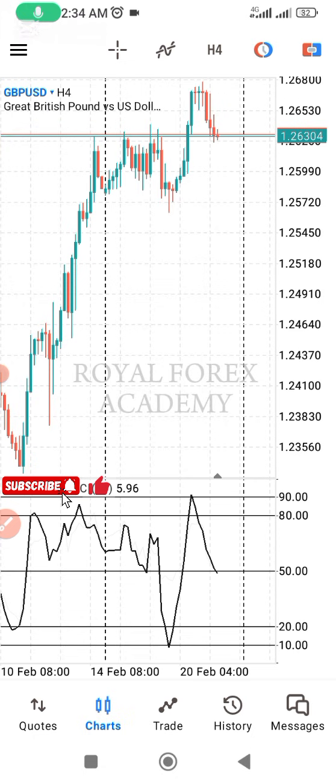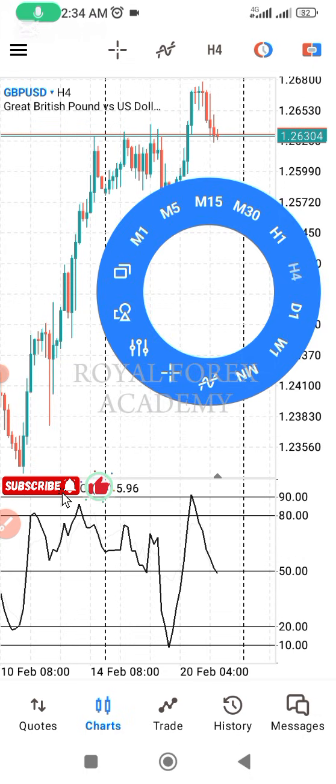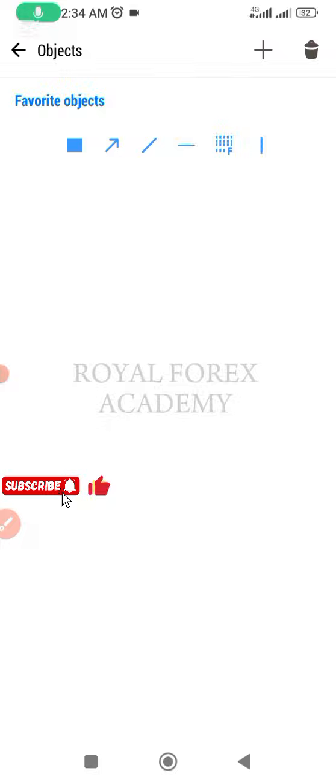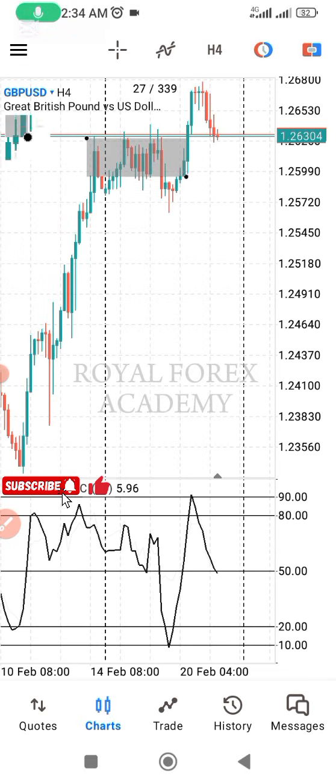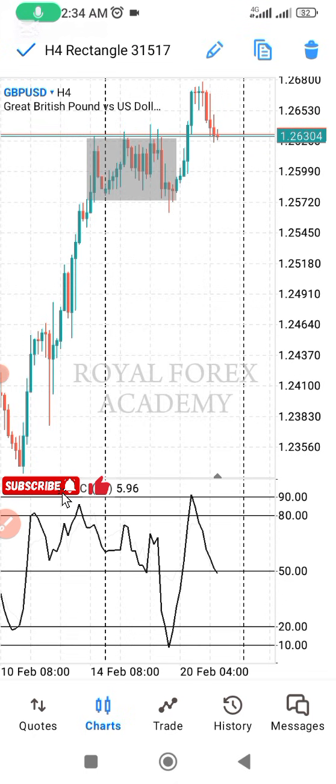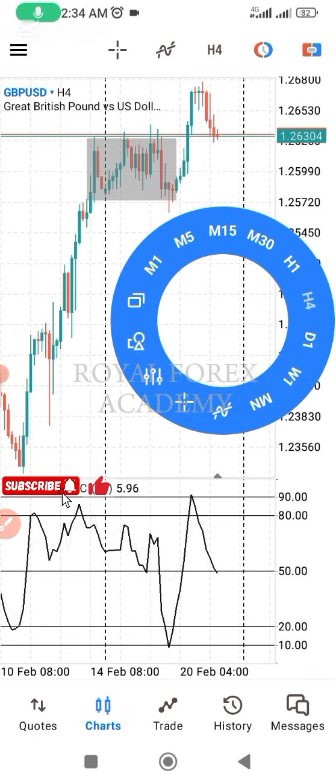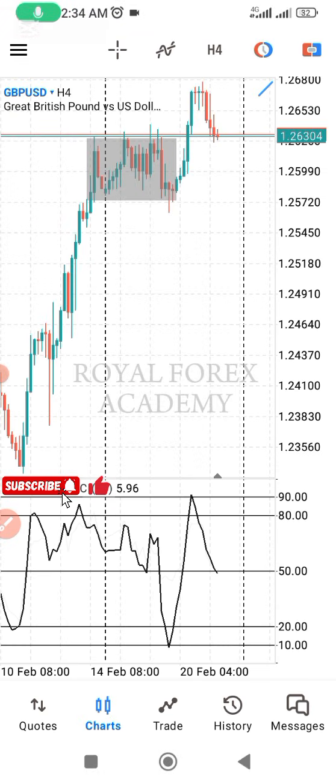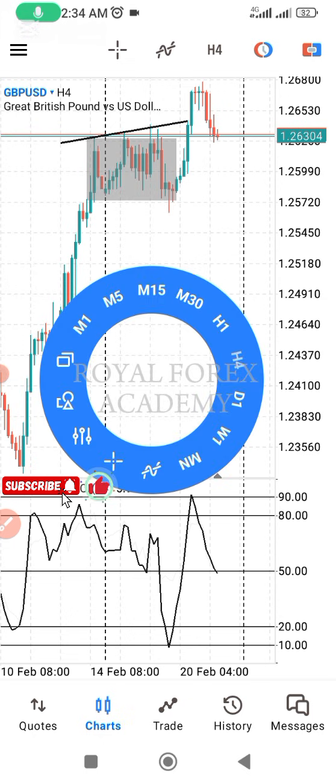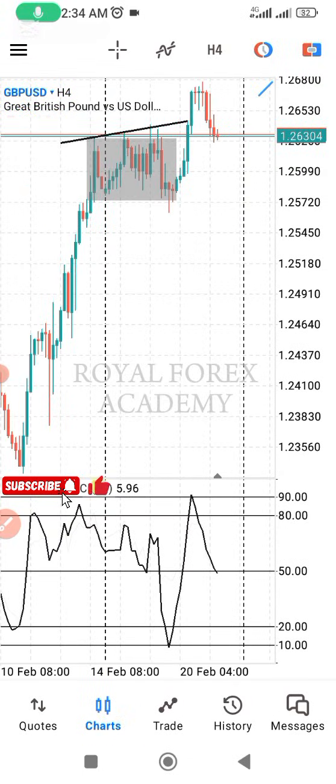So let me show you briefly how to identify divergence. Take this zone for instance, this shaded portion, and look at what happened. I'm going to connect the high of those candles. You can see that. And look at our indicator window. This is what we are having on our indicator window.